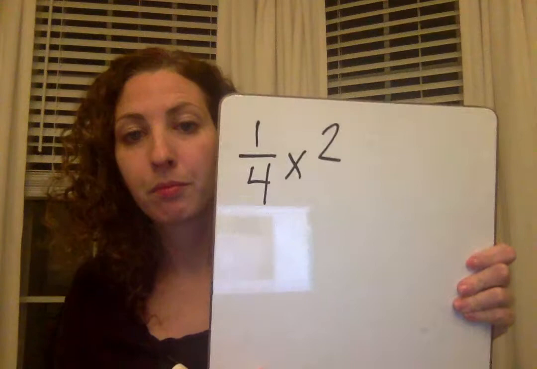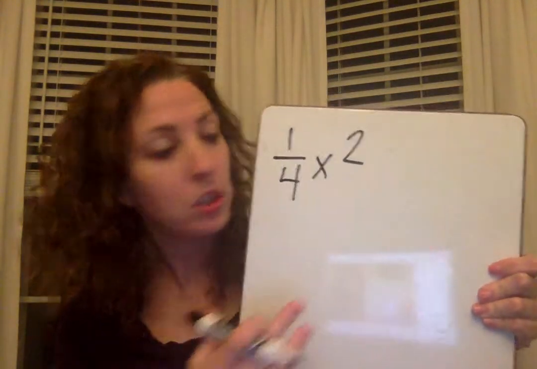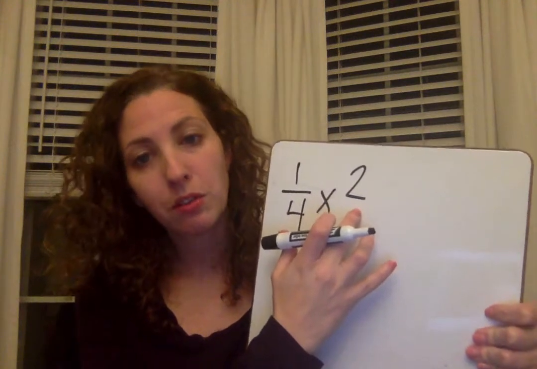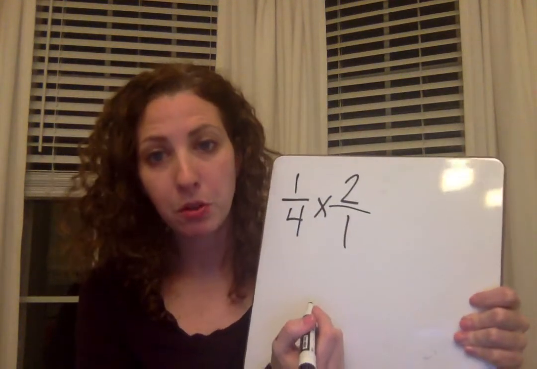Some of the problems that you did earlier this week were a fraction by a whole number. So it may have been something like 1/4 times 2, right? All you did was make that whole number into a fraction by putting a 1 under it. Do you remember doing that?